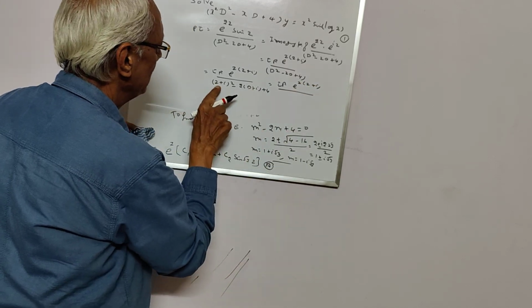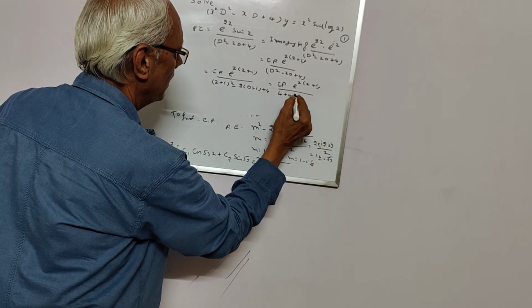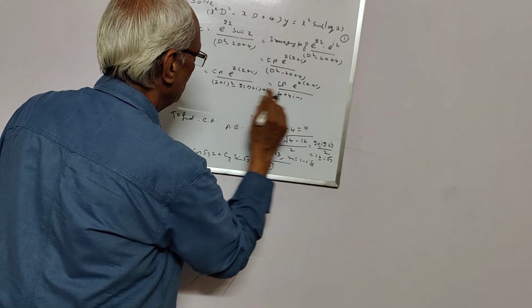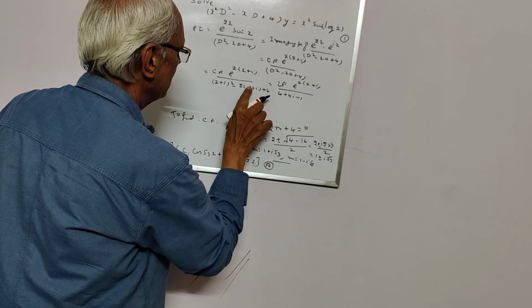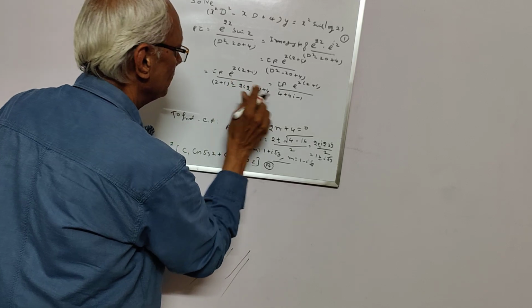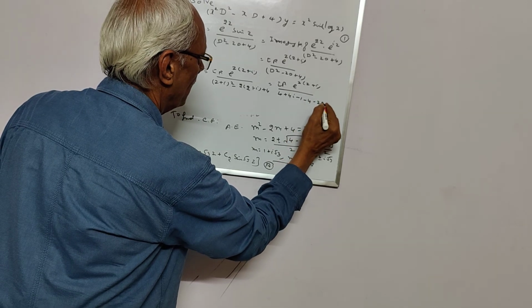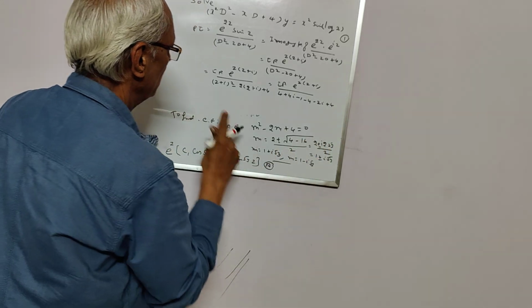2 squared is 4, plus 4i, minus 1, because i squared is minus 1, minus 2 into 2 plus i, which is minus 4 minus 2i, plus 4.